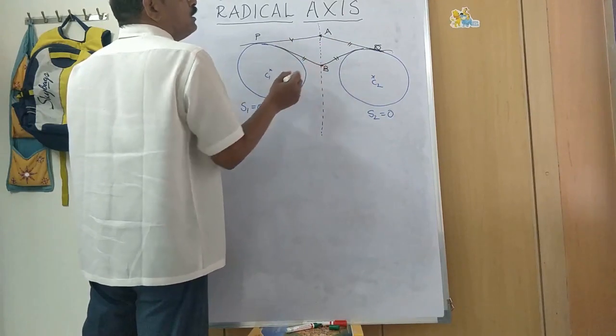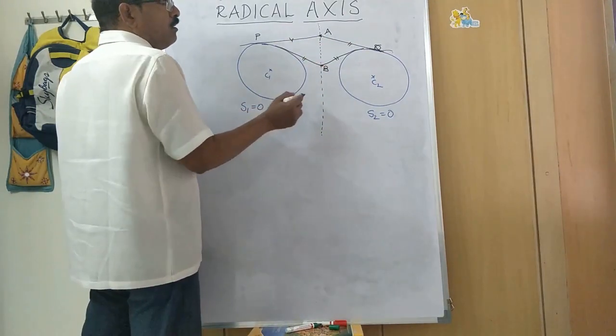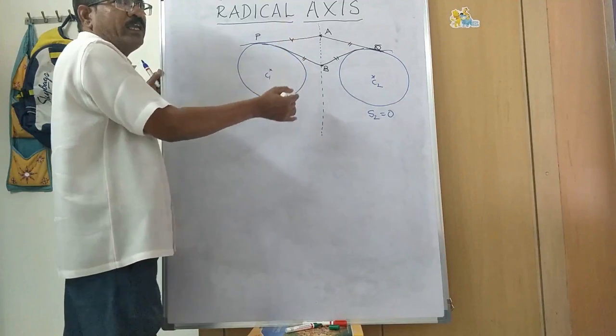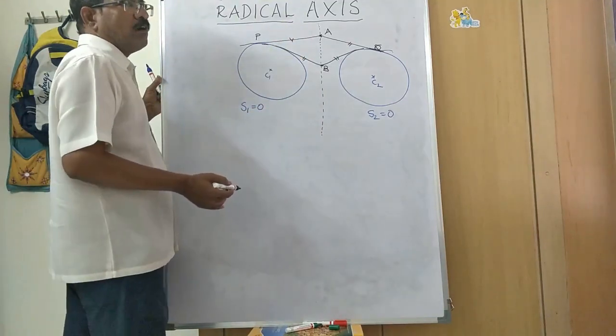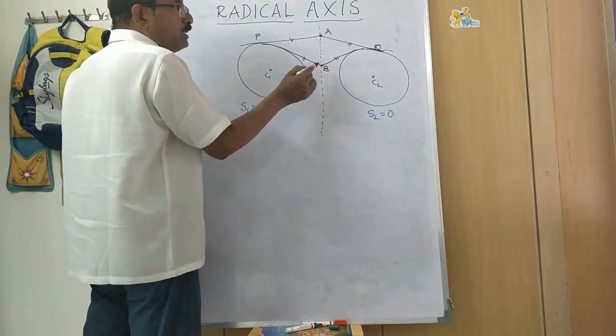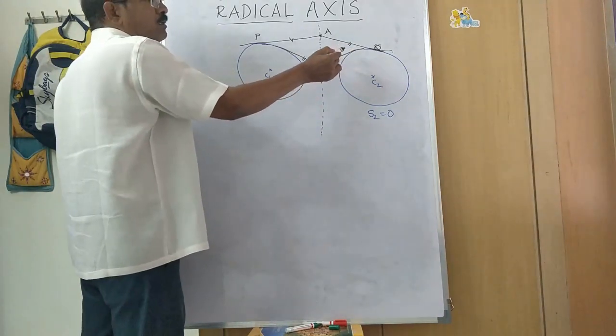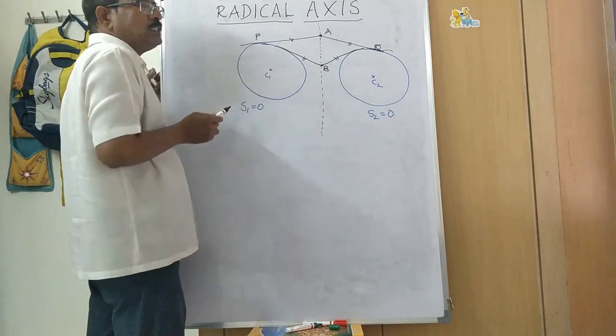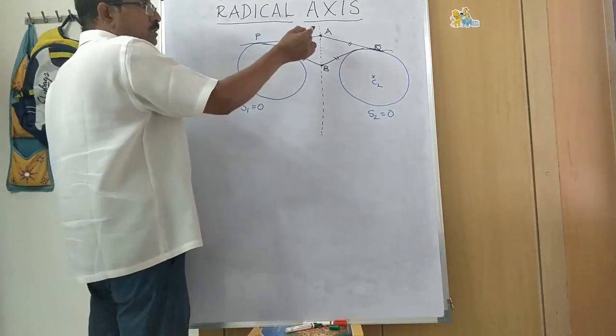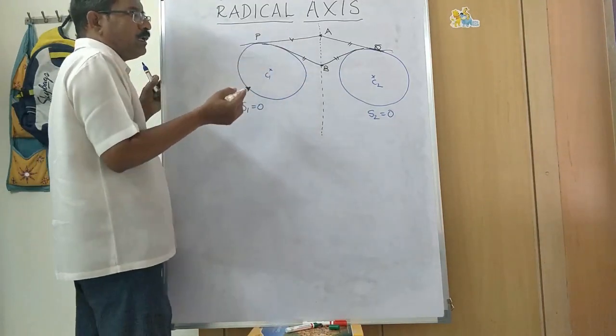Let us say this one is B, or C, D, E, F, N. There are a number of points which are equidistant from the points of contact of the two circles. This locus is called the radical axis.